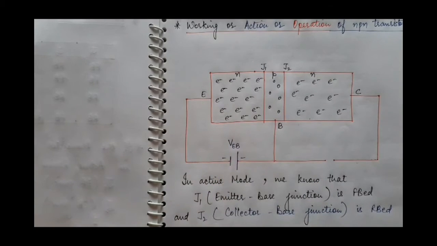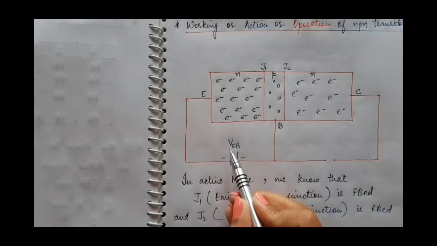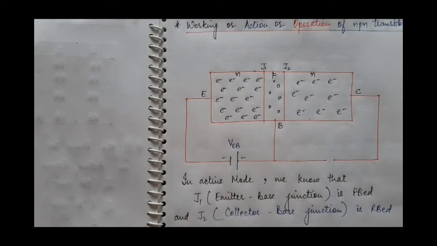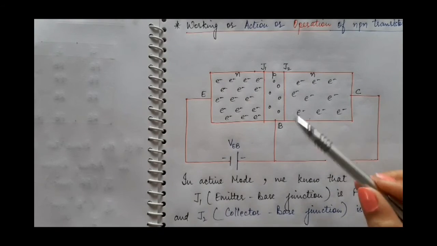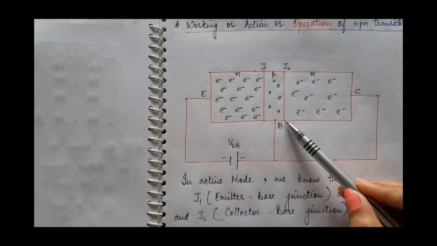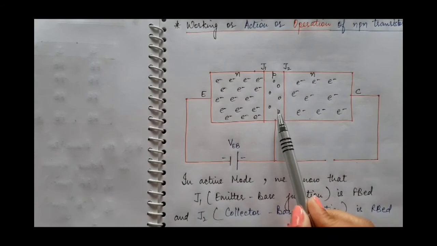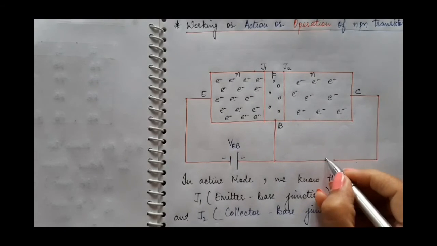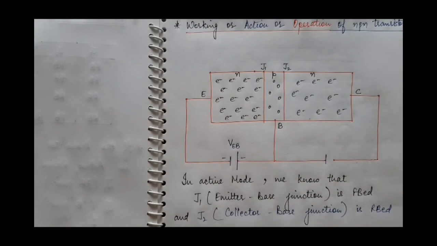This biasing potential which we have applied at junction J1 is known as the emitter base potential, VEB. Similarly, in active mode, junction J2 is reverse biased. So to reverse bias this P-type base, we will connect it to the negative of the battery.